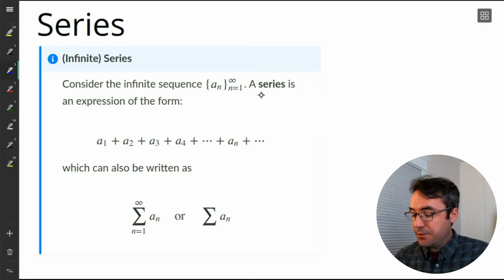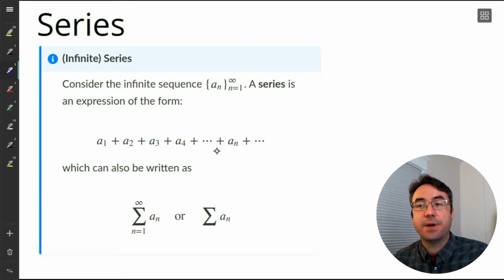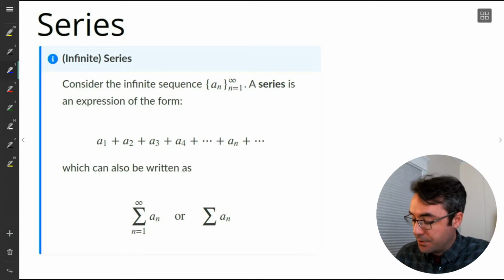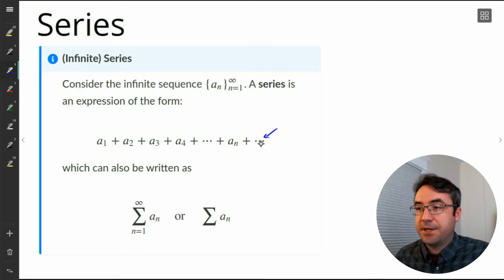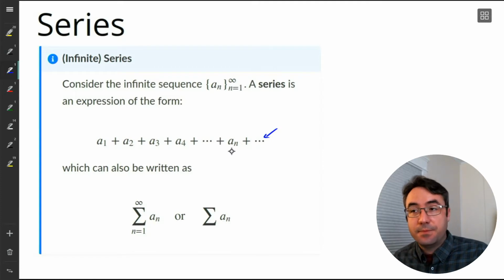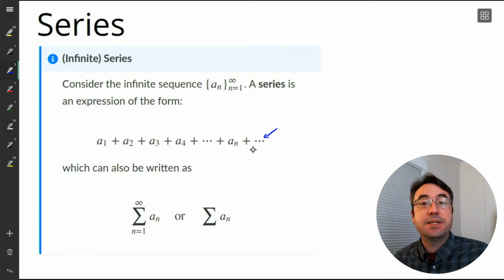And what we're trying to do with a series is essentially add up all the terms of our original sequence. So it's a1 plus a2 plus a3 plus a4 and so on. Just keep adding all the terms. It just keeps going and going and going. We're trying to add up all the terms. So the dots here really emphasize the fact that this addition, we want it to continue forever.